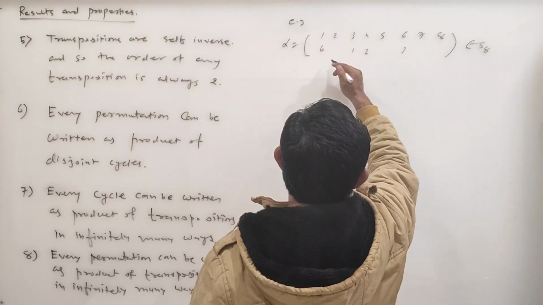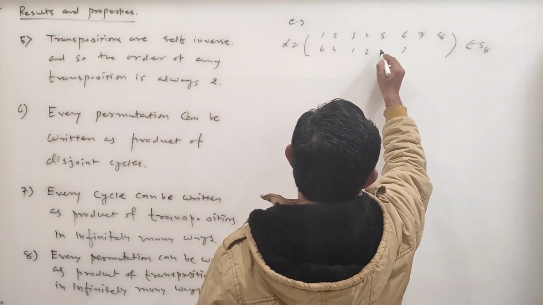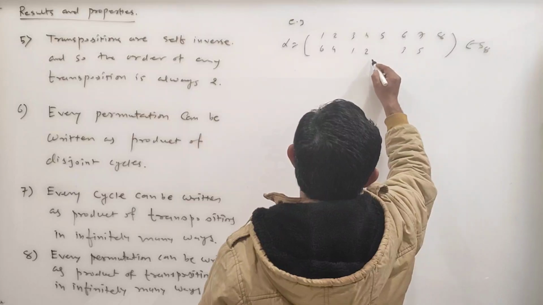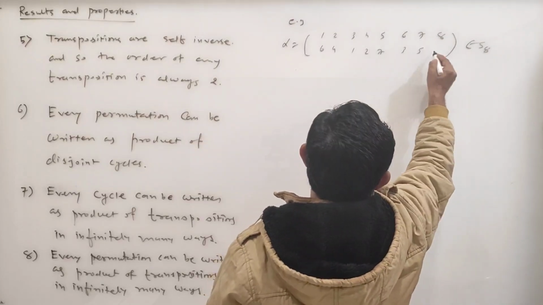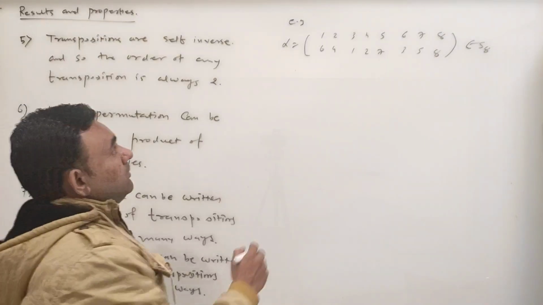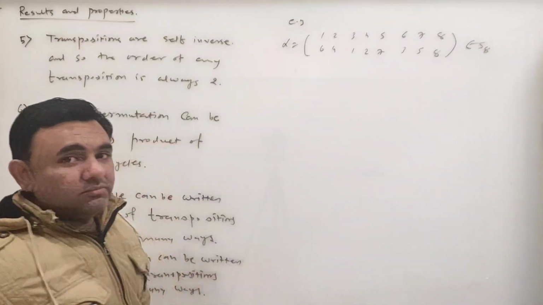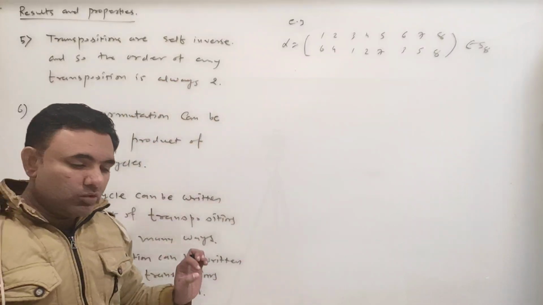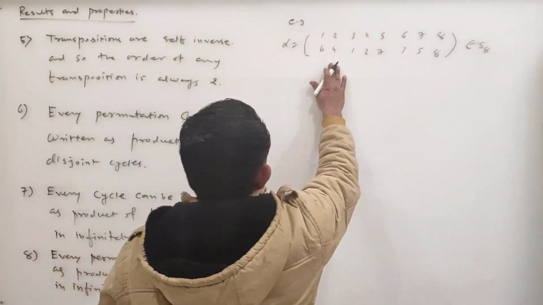Okay, so now this alpha is what? It is a permutation in S8. I don't know whether it is a cycle or not, but let us write it down.